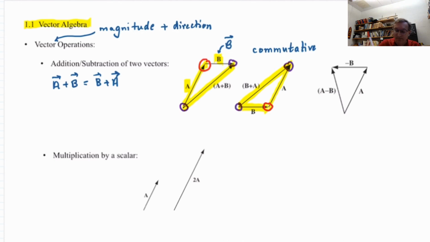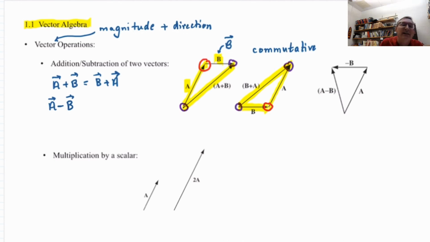Now that's addition. What if I want to subtract one vector from another? What if I want to take the vector A and subtract from it the vector B? In the course of solving physics problems, we may need to do that algebraic step. We definitely will. How do you do it? What is the rule for doing that? The rule is quite simple.